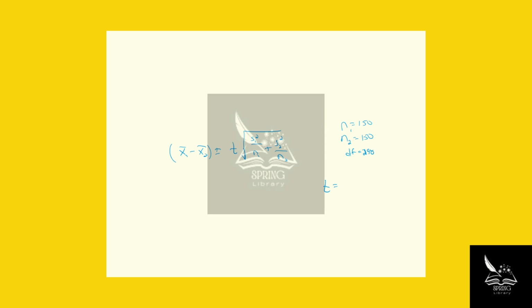And so our critical T at 99% can come from the student T distribution. Alpha is 0.01 for 99% confidence.